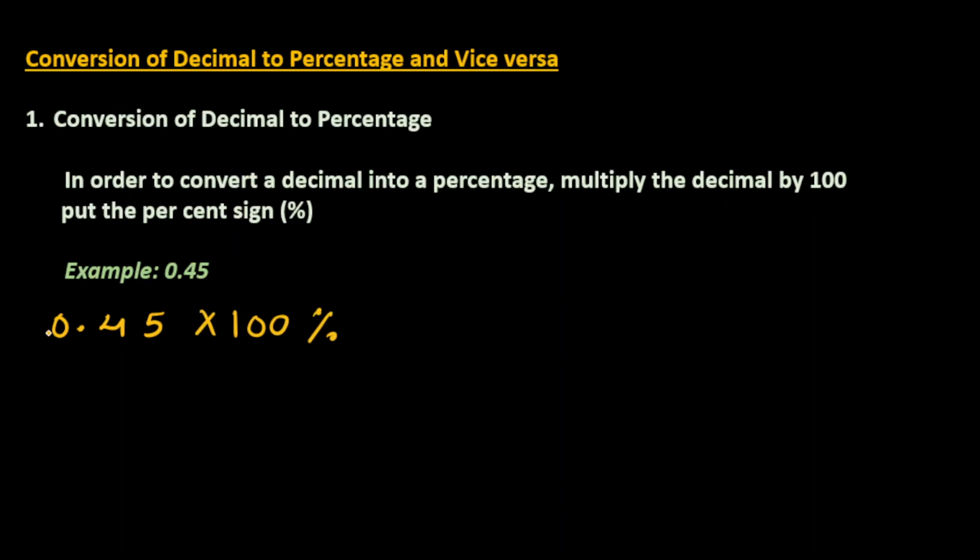So here what we can do, first of all this fraction, when we are multiplying with 100, the decimal moves towards the right. To remember, in division the decimal moves towards left, and while multiplying with 100 or any number of this form, 10, 100, 1000, the decimal moves towards right.